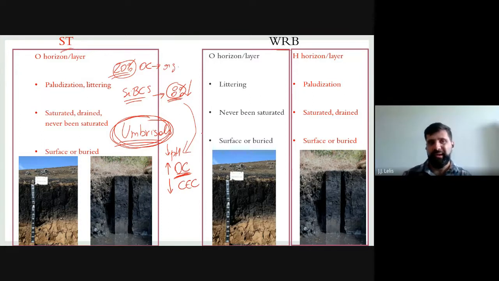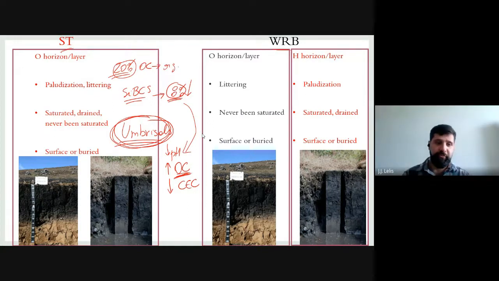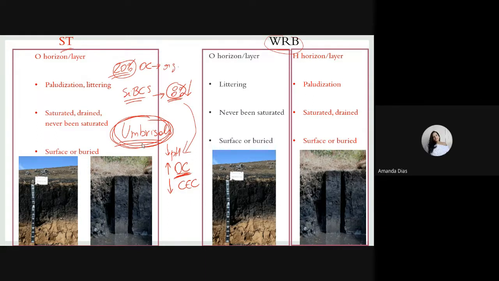So the climate is not the only answer, but it's the strongest answer that we can think of. It's the strongest motive, but we should also understand that the global WRB has another soil group for soils that have a high content but not as high as histosols.